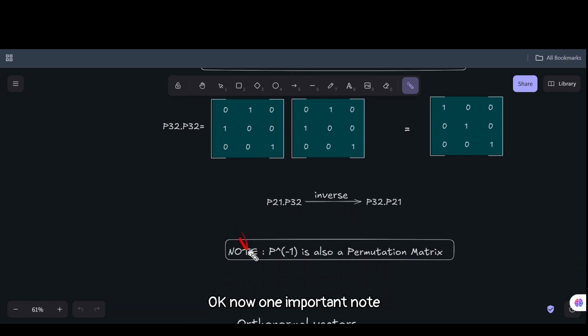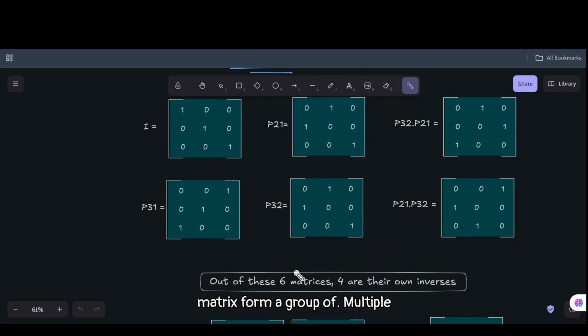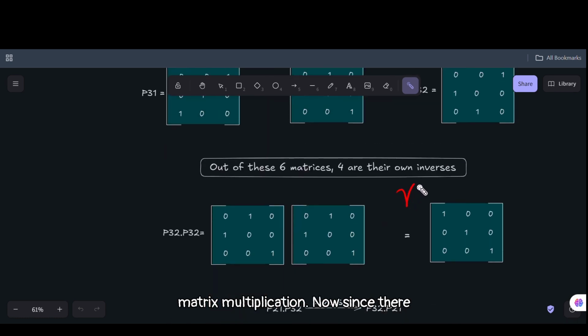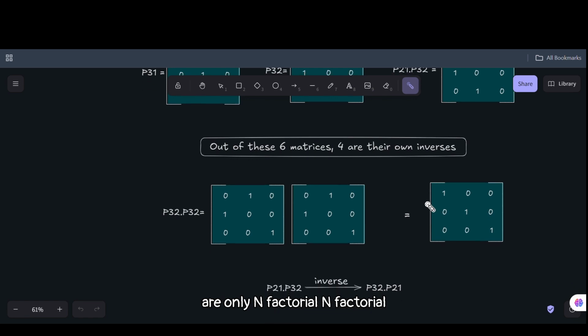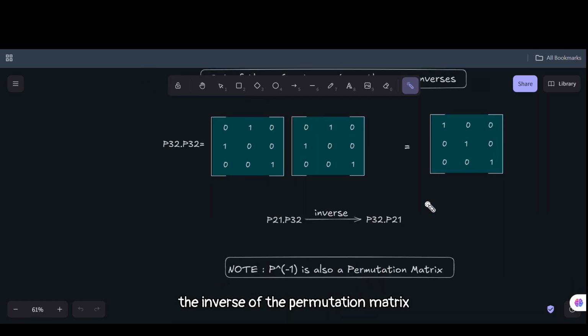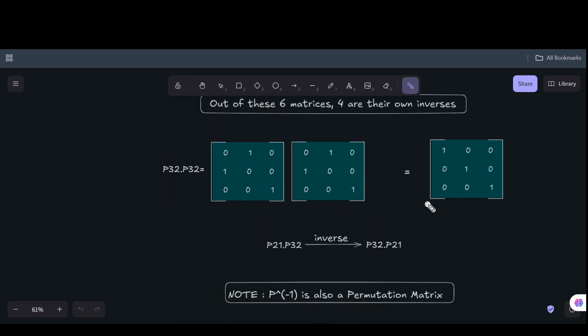Okay, now one important note is that P inverse is also a permutation matrix. Why so? Because permutation matrices form a group under matrix multiplication. Since there are only n factorial distinct permutation matrices of order n, the inverse of a permutation matrix will also lie in that group only.